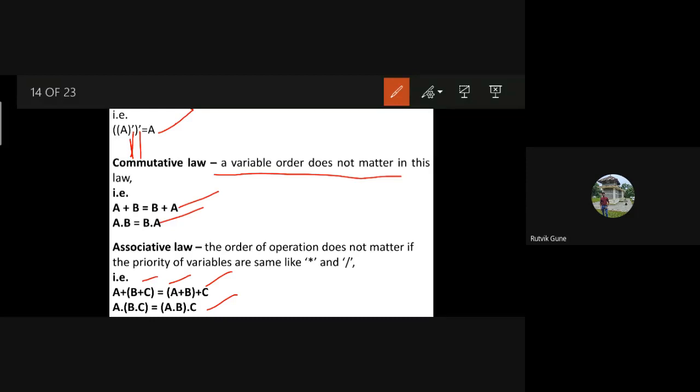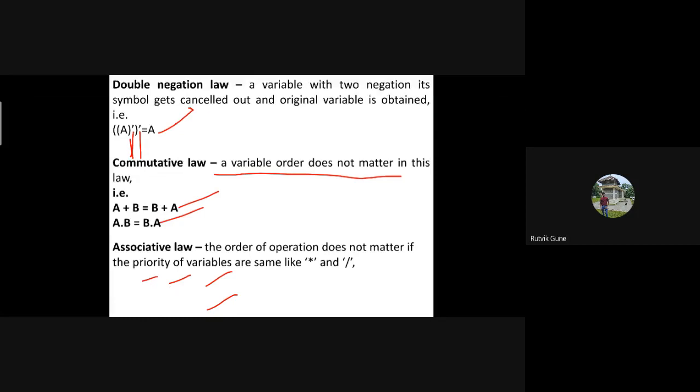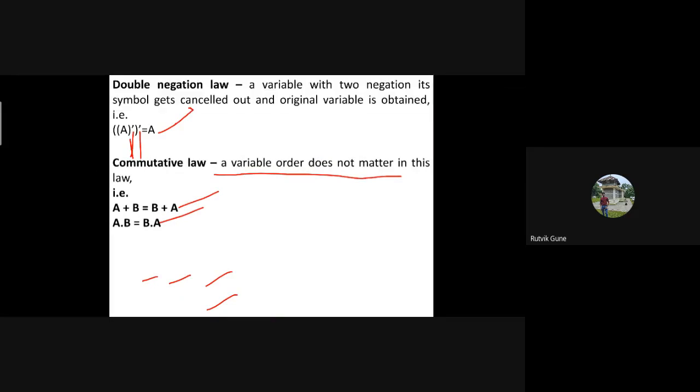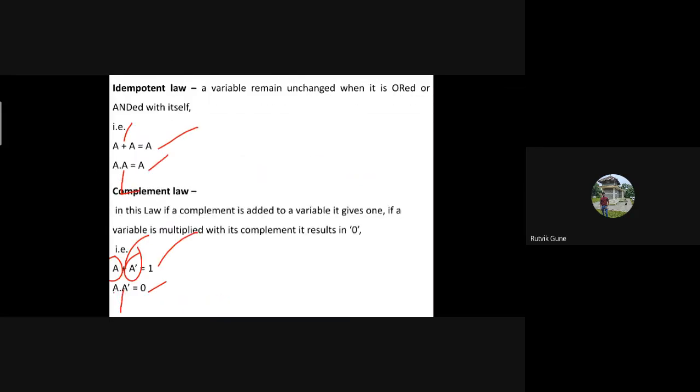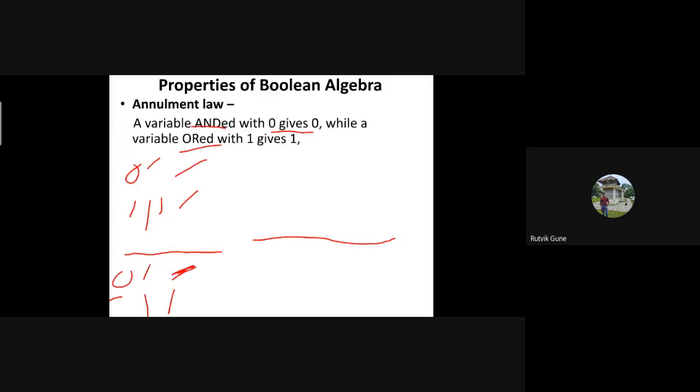Annulment law. Okay, someone wants it repeated, Kirti. See this annulment law.